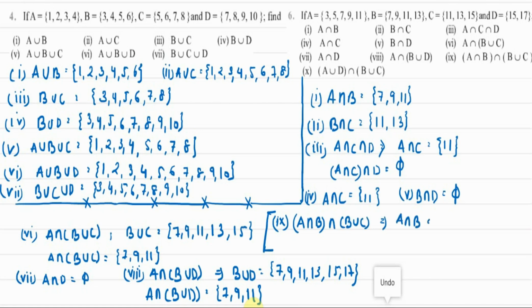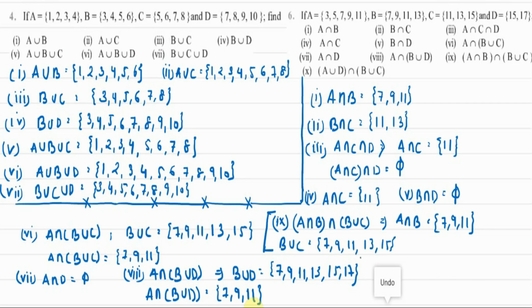We have already evaluated 7, 9, 11. Now we have B union C. B union C also we have evaluated in the sixth part. So it will become 7, 9, 11, 13 and 15.